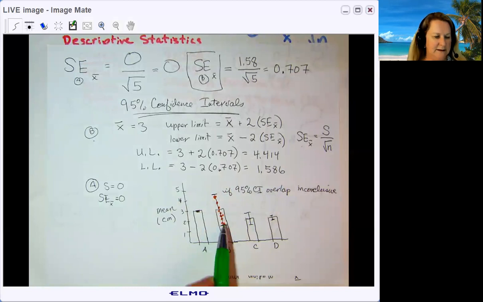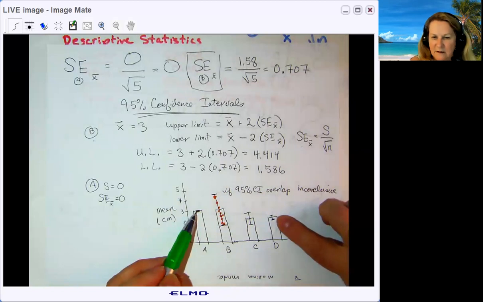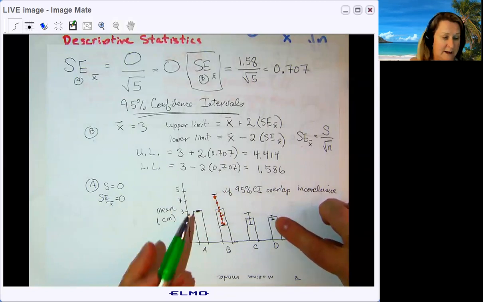Okay, now let's take a look at D, and let's compare data set D to data set A. Do the 95% confidence intervals for data sets A and D overlap? And I hope I drew them well enough that you can see that they do not overlap.